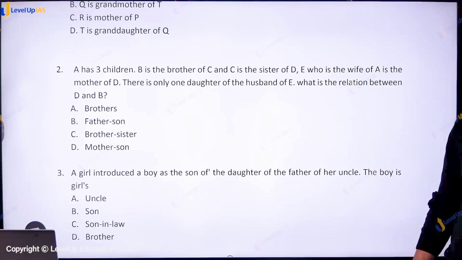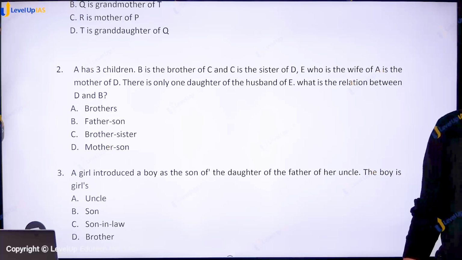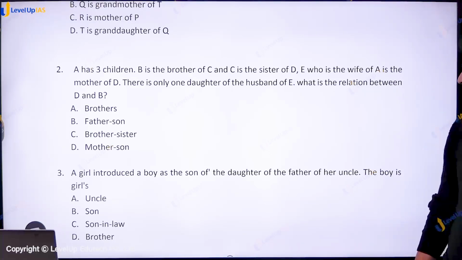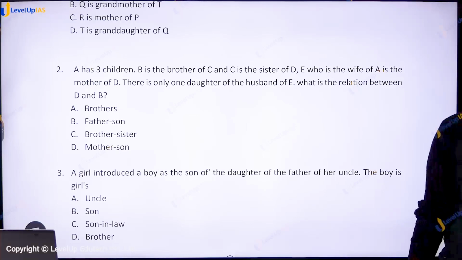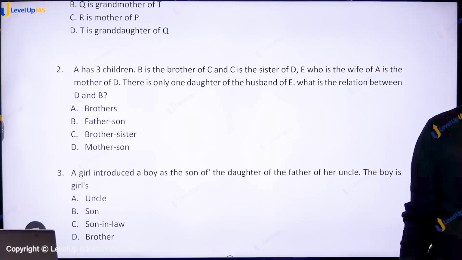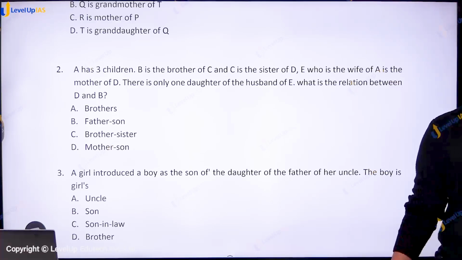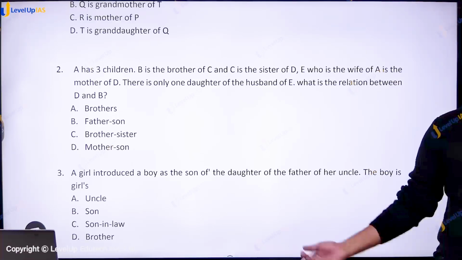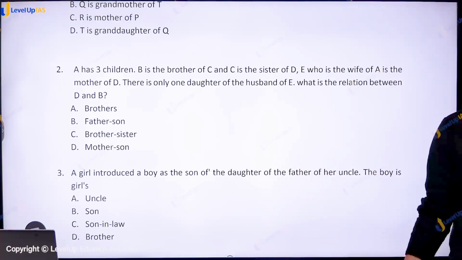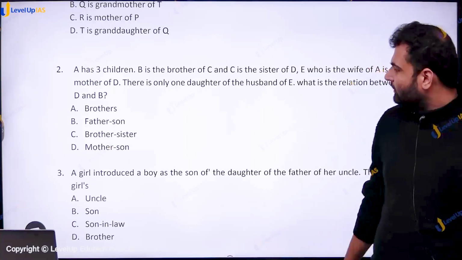Girl introduced the boy as son of daughter of father of her uncle. क्यों नहीं आता? अरे ये तो कॉम्प्लिकेटेड थोड़ी है, ये तो टेक्निक है उसका सॉल्व करने का.